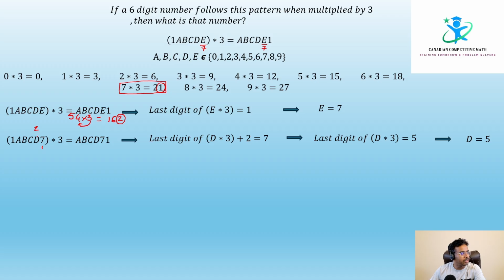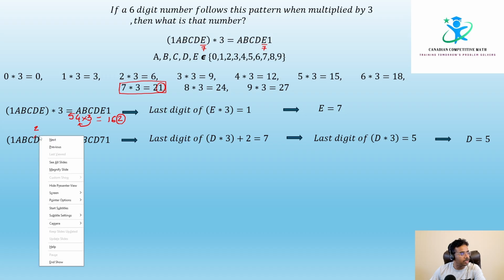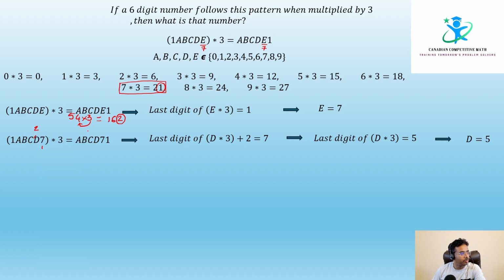The unit digit of 3 times D plus 2 will be the hundreds digit in this result. So the last digit of D times 3 plus 2 equals 7. The last digit of D times 3 will be equal to 5. So D equals 5.